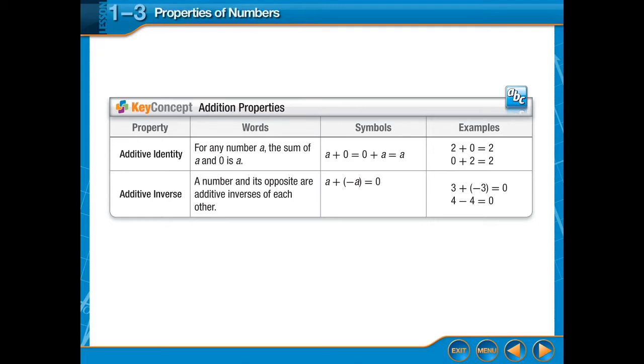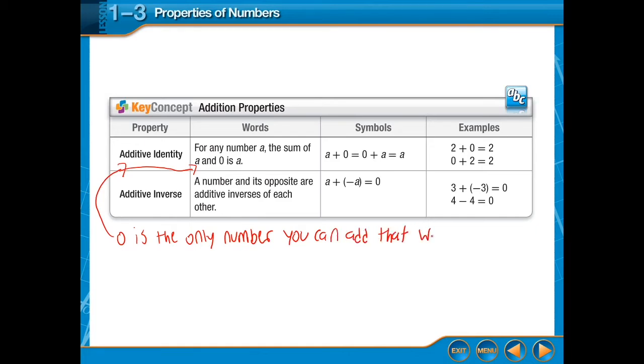Starting with the additive identity. For any number a, the sum of a and 0 is a. So after you write that, throw in this next to it. 0 is the only number you can add that won't change what you have.